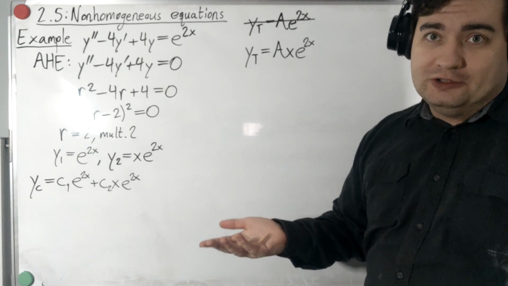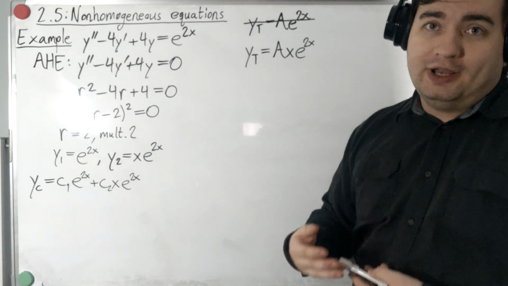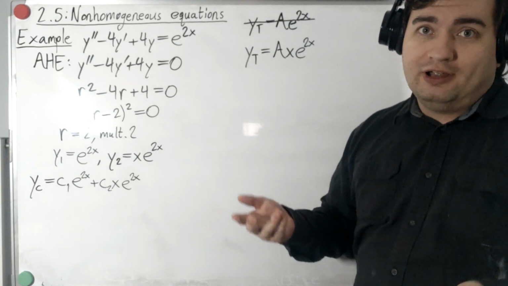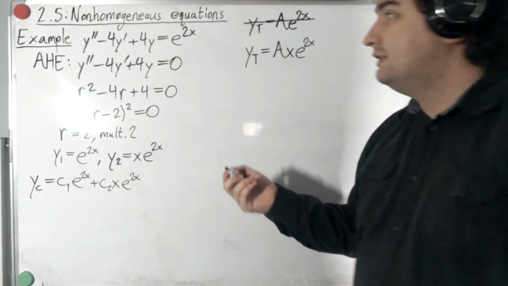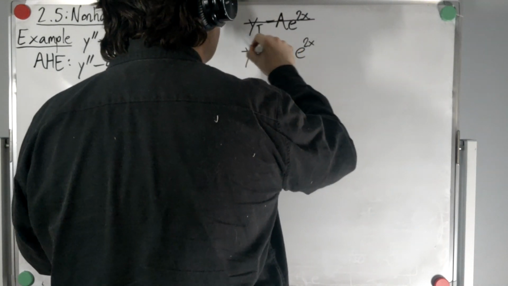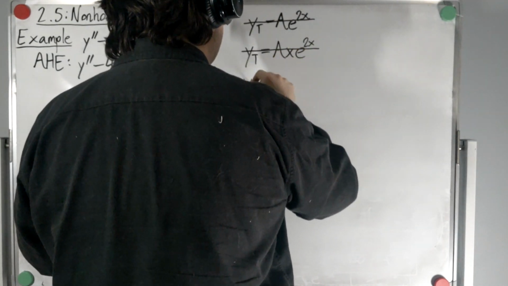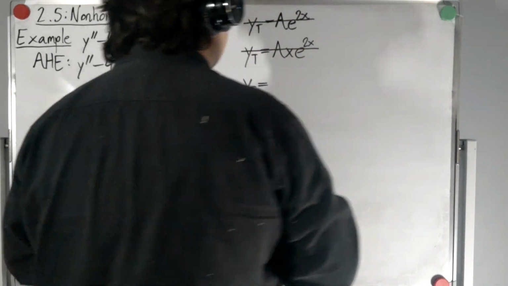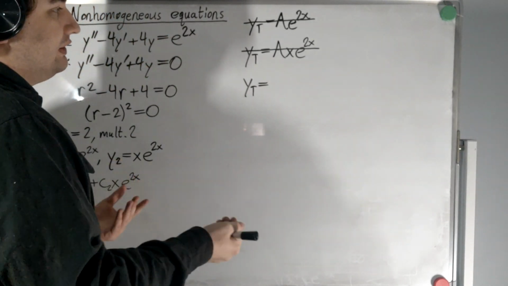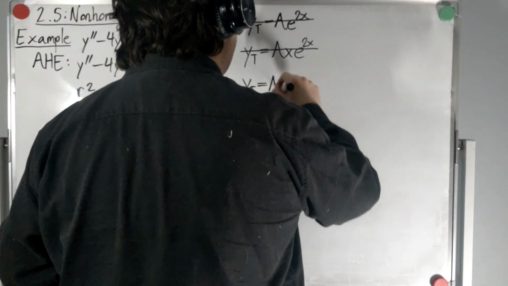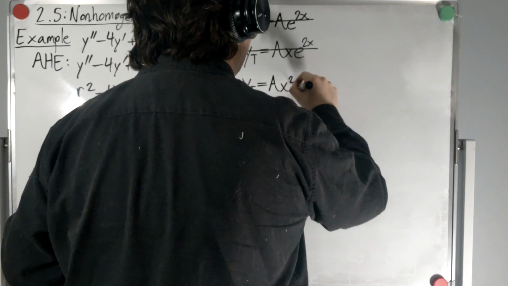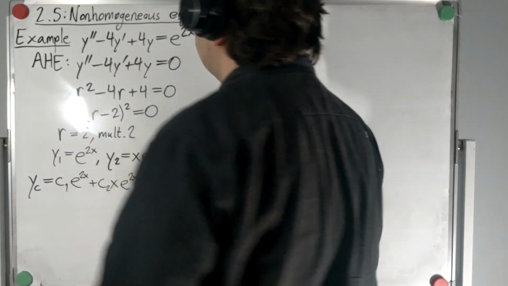So we still have duplication occurring, so we have to do that same procedure again. We throw out the guess and come up with a new guess. The new guess is going to be the previous guess multiplied by x. So a x^2 e^(2x).